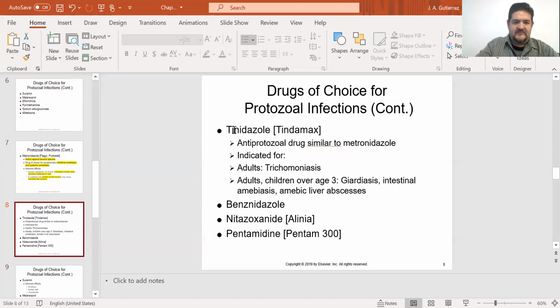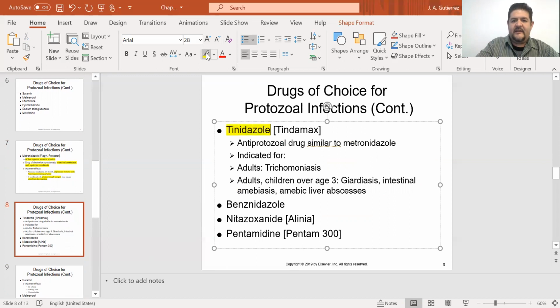Tinidazole, again, sounds like metronidazole. So it can be used for protozoal infections. But here the author is highlighting that it can be used for trichomoniasis, an STD, and can be used for giardiasis, amoebiasis, and amoebic liver abscesses.